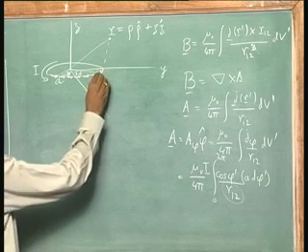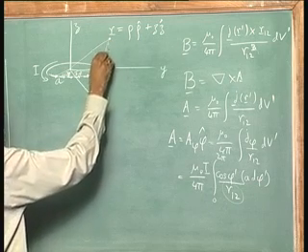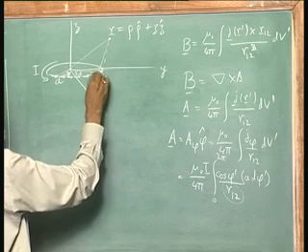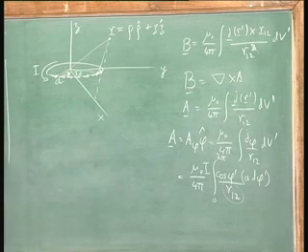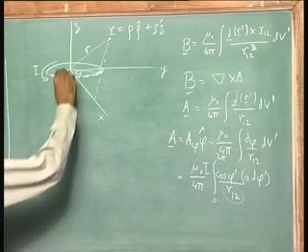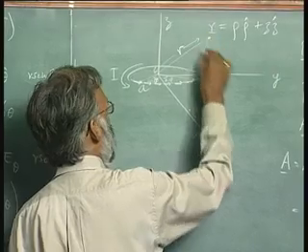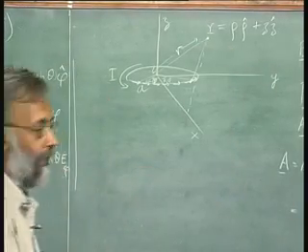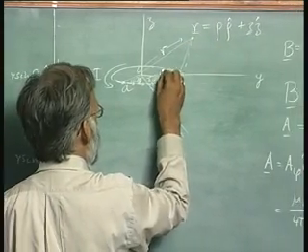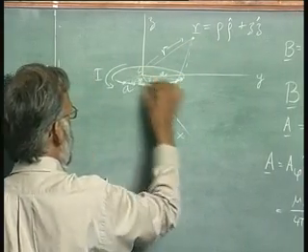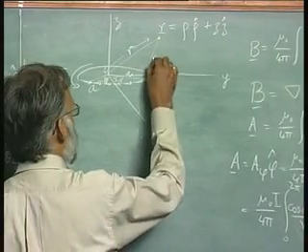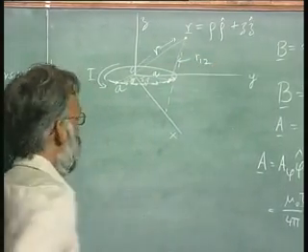Now, if you look at this point and I draw a line joining the place where the current element is to the observer, this is my r distance, because that is nothing but the length of the observer's vector. This length is a, because the loop has a radius a, and this is R12.